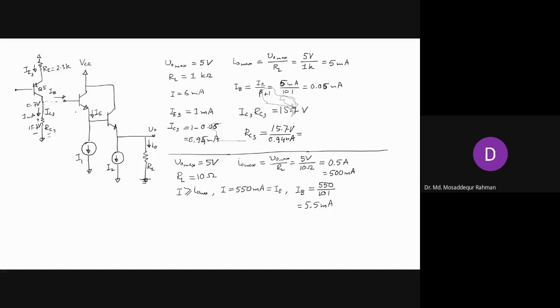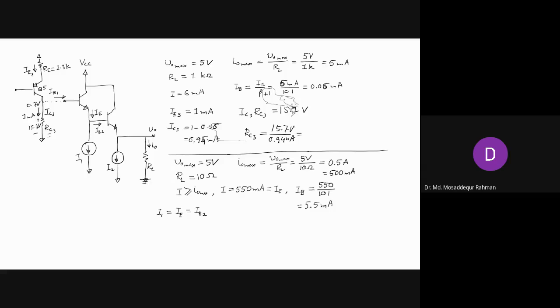Right? So let's say this is our IB1 and that is our IB2. Now, when we have this, the same IE we have to take will be equal to I1, this is IE, and that is equal to IB2, right?